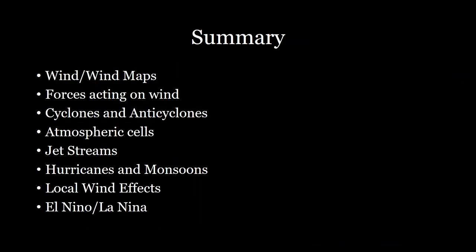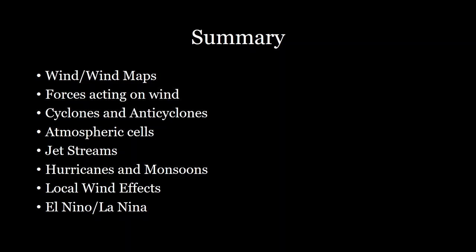All right, so just to recap everything that we talked about in these last three parts of the lecture. We talked about what is wind and what wind maps look like. We talked about forces acting on wind and geostrophic and frictional balances. We talked about cyclones and anticyclones.